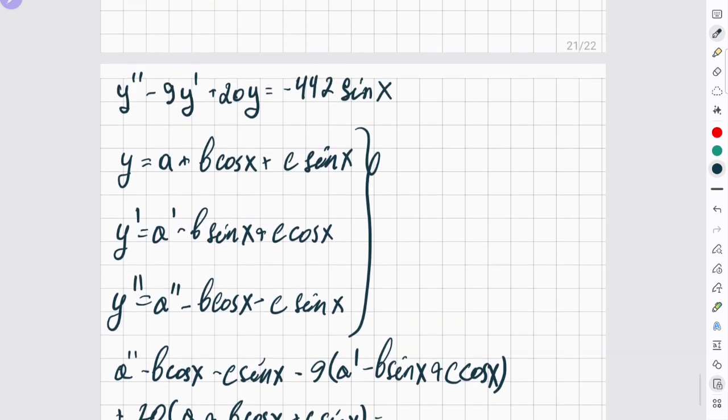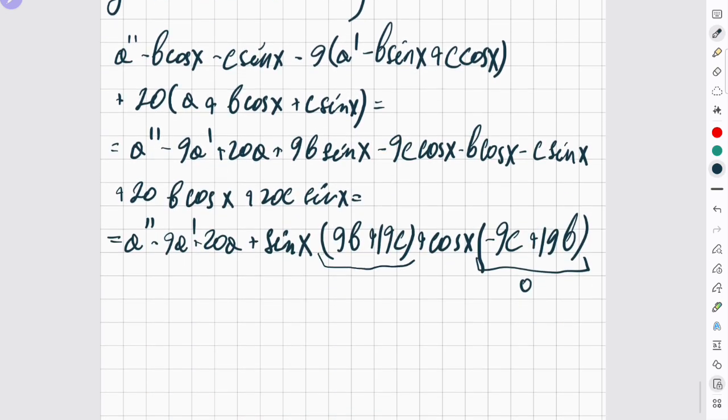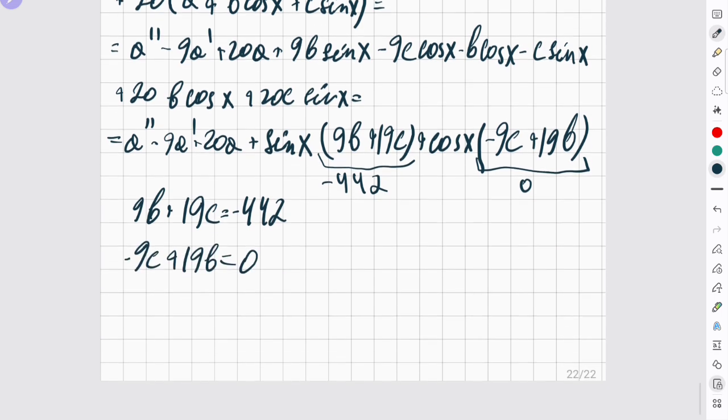And for the sine x we have negative 442, so this part should be negative 442. Let's just calculate b and c. We have 9b plus 19c is equal to minus 442, and negative 9c plus 19b is equal to 0.